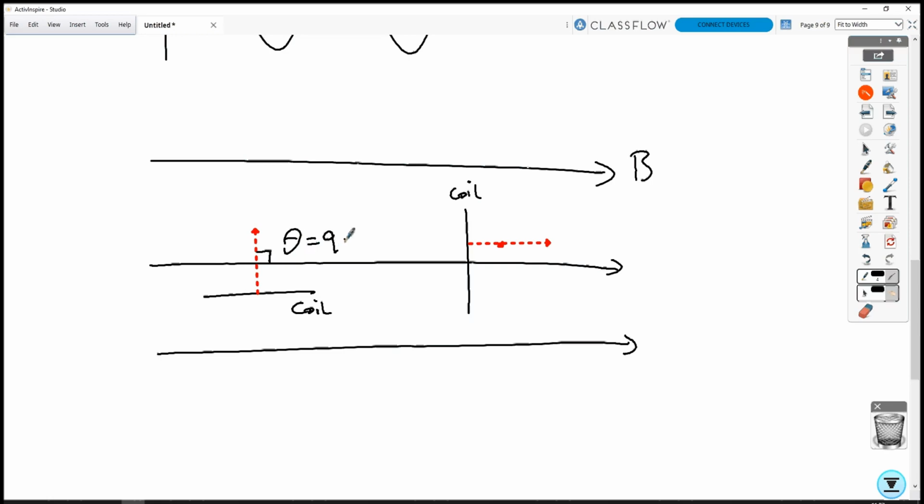So theta equals 90 degrees. And here, theta equals 0 degrees. So during a rotation, when theta is 90 degrees, we've got maximum EMF. And when theta is at 0 degrees, we've got 0 EMF. And that is the end of 7.5.4.